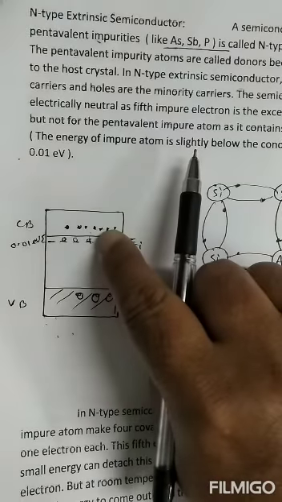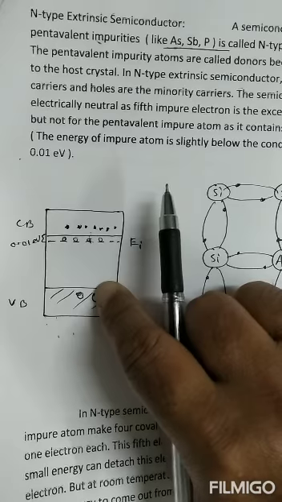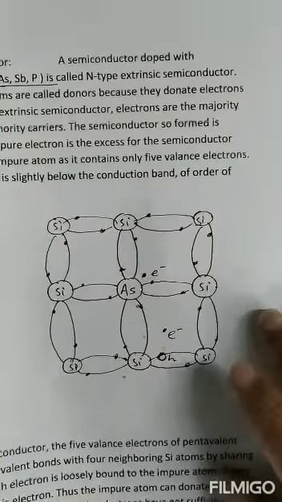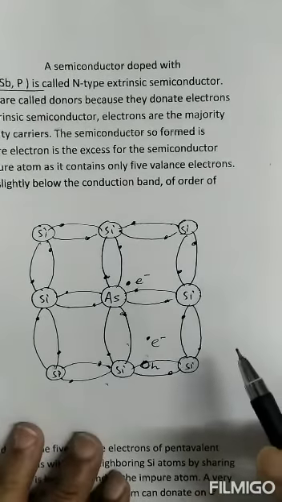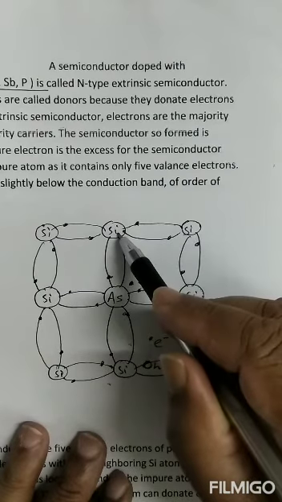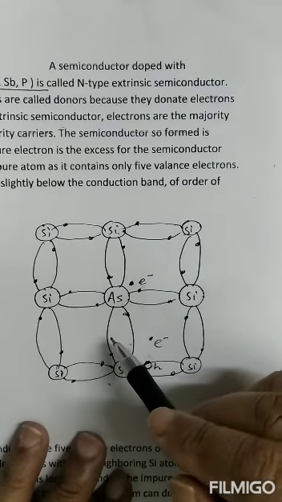Though the number of free electrons in the conduction band is more than the number of holes in the valence band, this crystal is still electrically neutral. Why? Because this electron is extra for the silicon atom, but it is not extra for the arsenic.